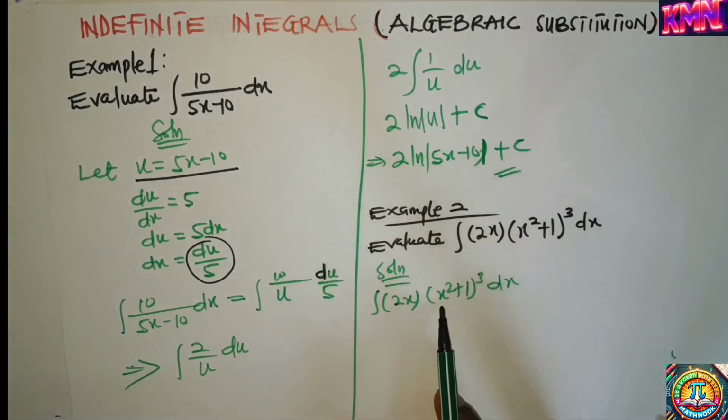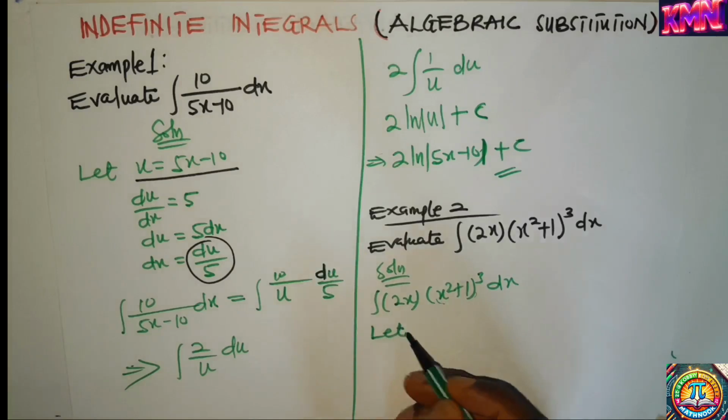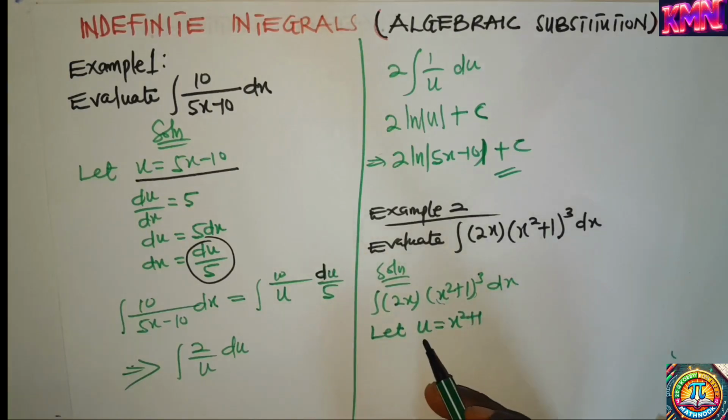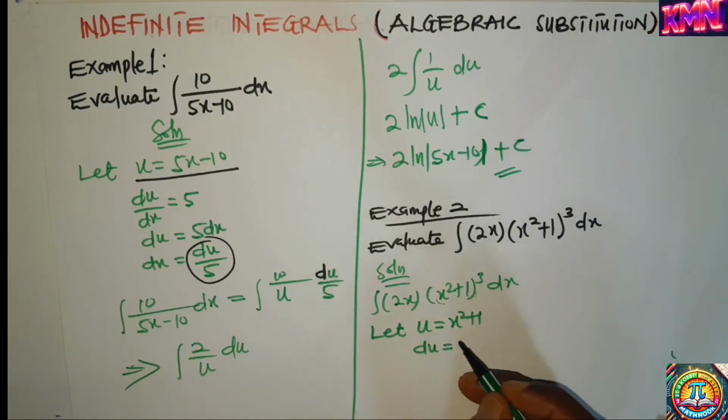If you look at this critically, you can see that if we let this one be u, it will make the expression very simple. So we say let u equals x squared plus 1. You have to differentiate u with respect to x. So our du becomes 2x dx.